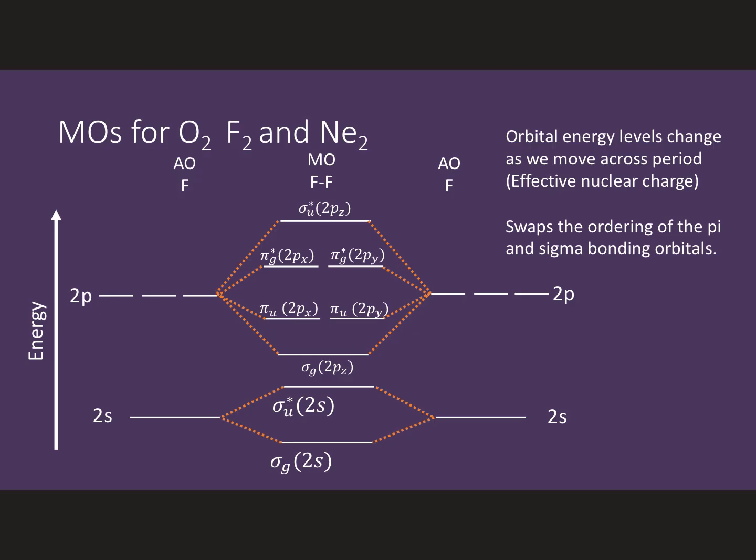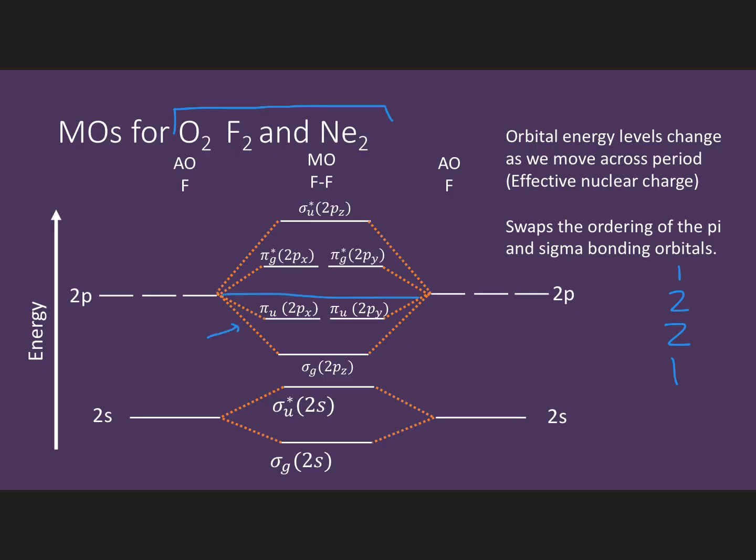Now, unfortunately, because of effective nuclear charge, we see as we move across the periodic table, there is a switch in these orderings. So when we're looking at the groups that contain oxygen, fluorine, and neon, we see a different pattern here. So now with our p orbitals, we have 1, 2, 2, 1. But again, we have them split.